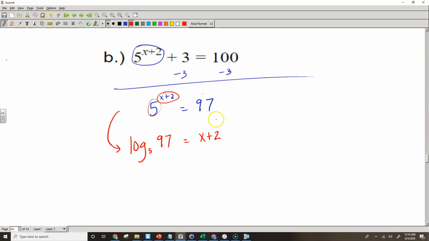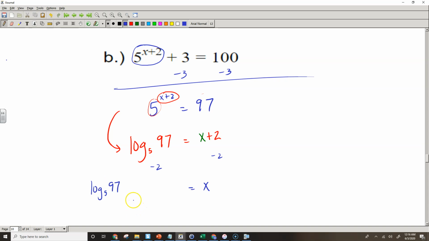Okay, so now all I'm going to do is get x by itself. So here's my x, and to get that by itself, I'm going to subtract 2 from both sides. So now I have x is equal to whatever the log base 5 of 97 is, minus 2.